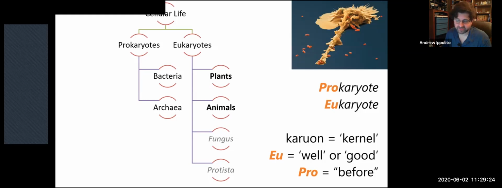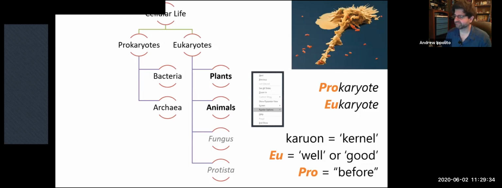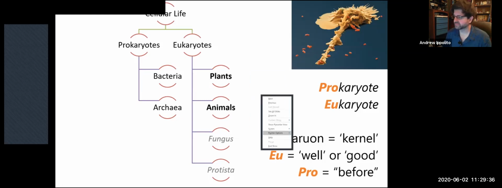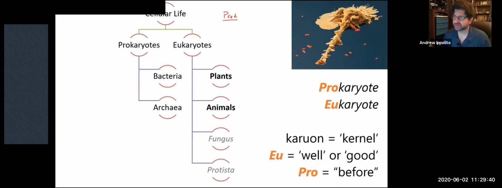So if you wanted to rewrite the tree of life or clarify it, and I do, you could think of it like this. There's the prokaryotic cells and the eukaryotic cells. And then within the prokaryotic cells, there's the bacteria and the archaeans. Whereas in the eukaryotic cells, there's just the eukaryotes, right?